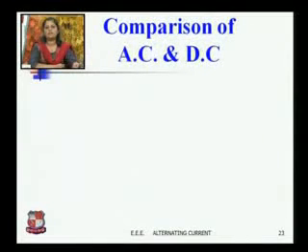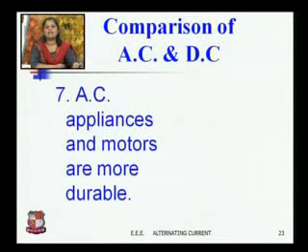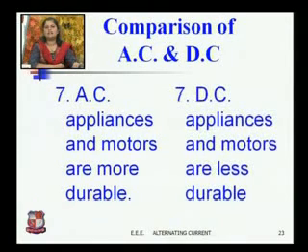Now the next point for a comparison is that AC appliances and motors are more durable and DC appliances and motors are less durable.